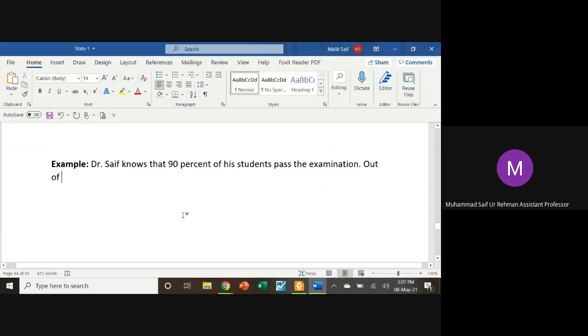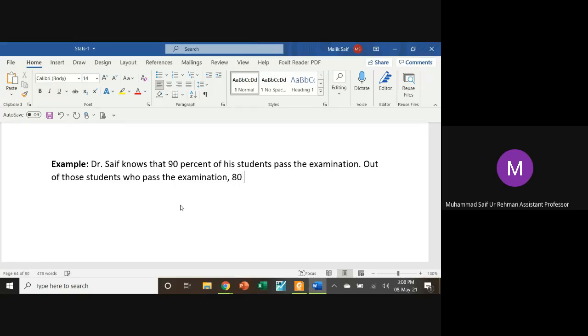So accordingly, we shall answer the question. Out of those 90%, or you can say out of the students who pass the examination, definitely those are 90%.